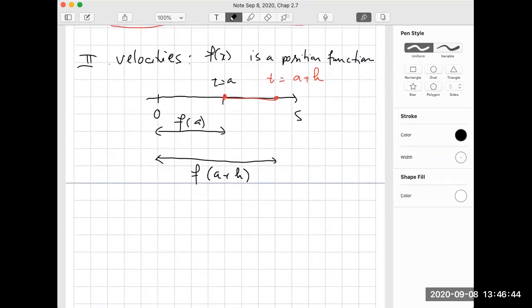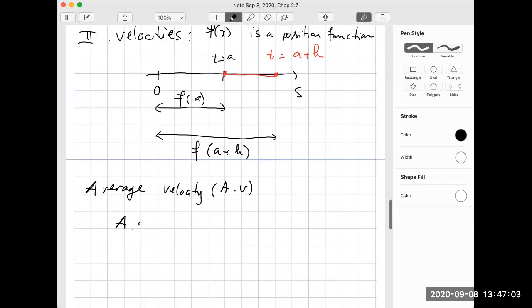So we define that the average velocity will be the displacement, or the change in position, divided by the change in time, which in this case is f of a plus h minus f of a divided by h.